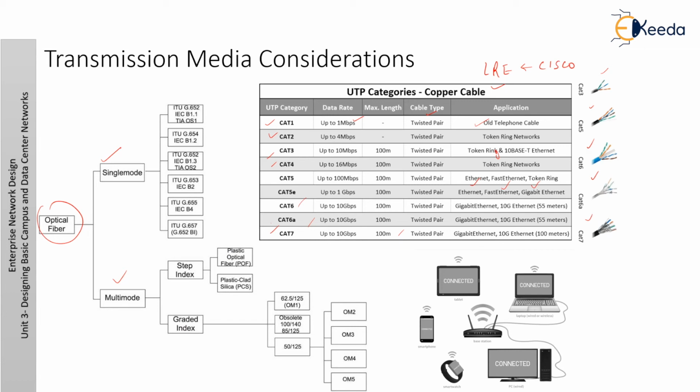So you might have seen the installed optical cable in your home. Nowadays, it is very common, like Jio Fiber and Airtel Fiber. They are installing and providing services through optical cable.